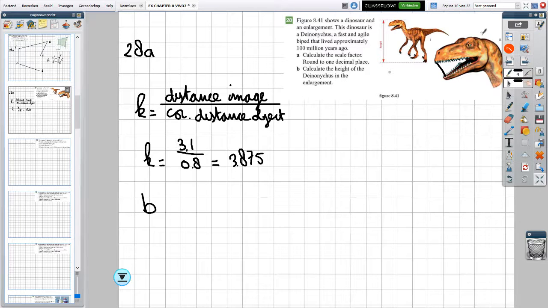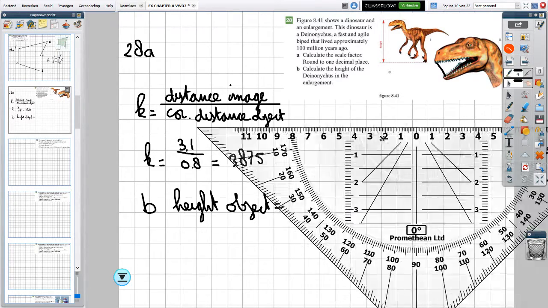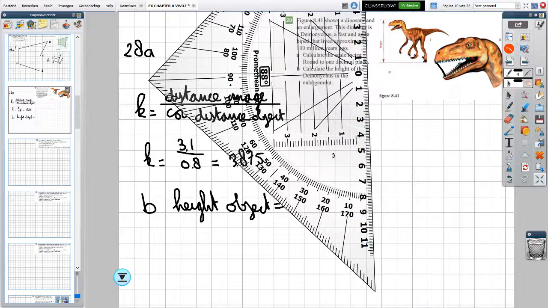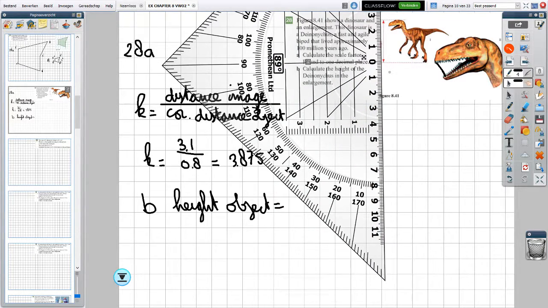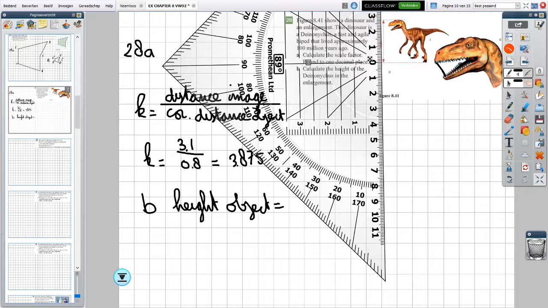They only give me part of the enlargements. But they do give me the height in the object, what I start with. Right, so I take out my protractor again. And now I measure this height, which is around 2.2, 2.3.